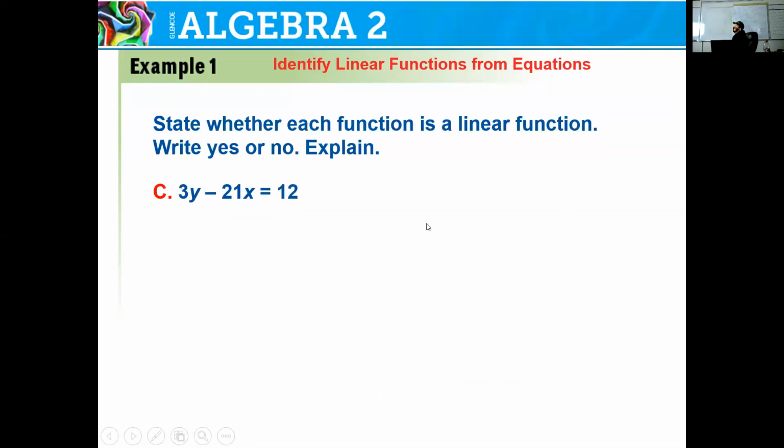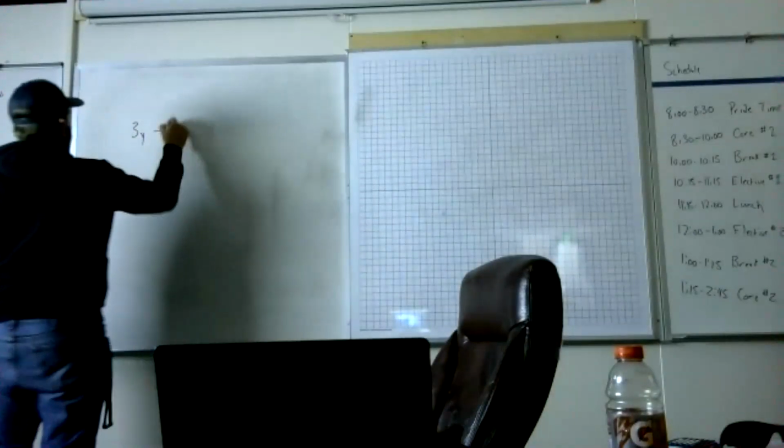This last one, 3y minus 21x is equal to 12. To figure out if it fits the form, it's going to pass one of our tests, that x is to a single exponent.